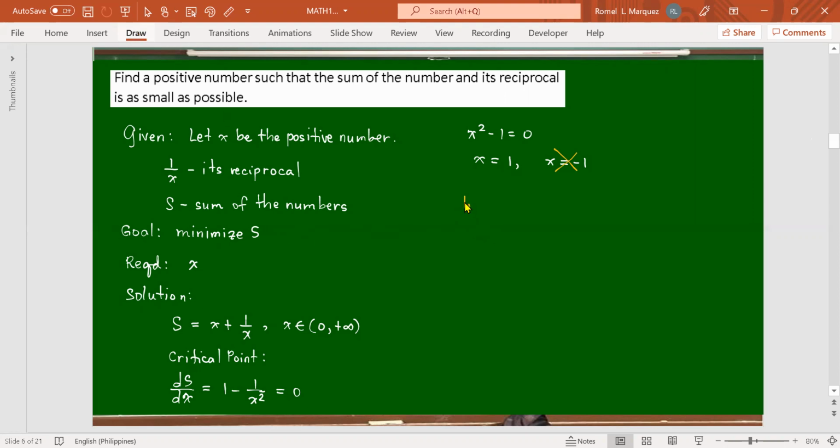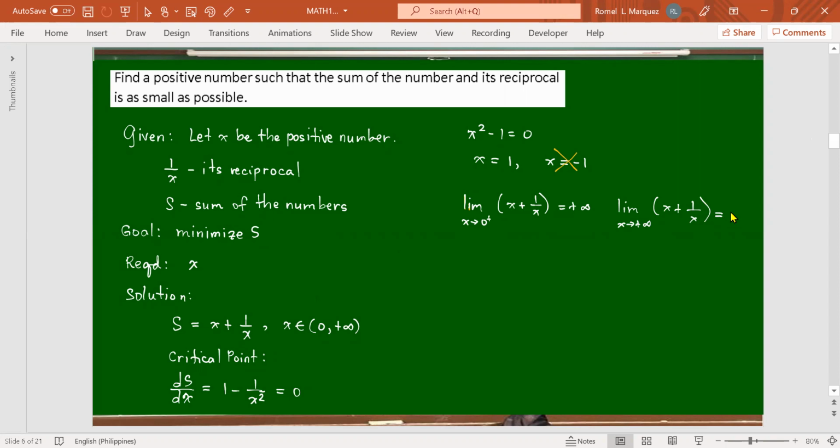So let's see the behavior as X approaches 0 from the right of X plus 1 over X. This is going to be positive infinity. What about the limit as X approaches positive infinity? Just to check that there is no value that will beat the value of S at X equals 1.